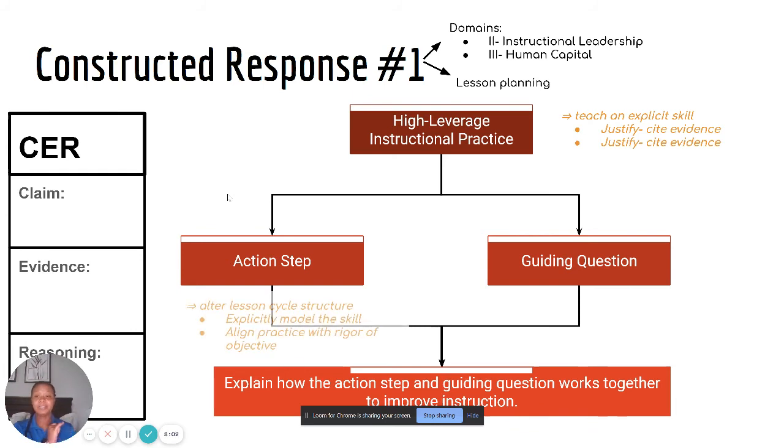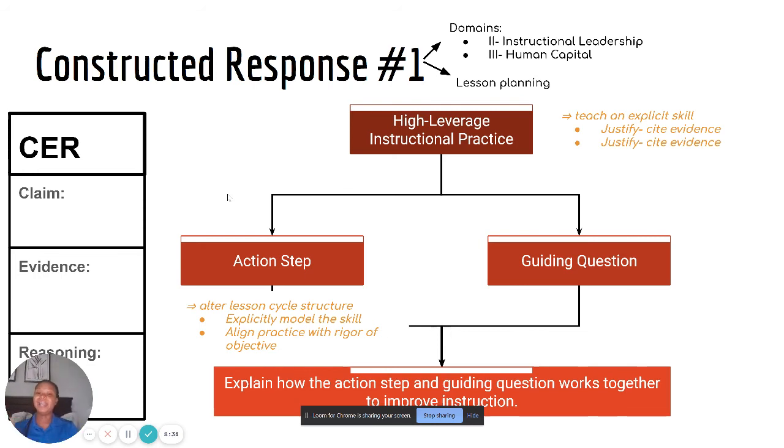The action step would be to alter your lesson cycle structure so that you incorporate areas in which you can explicitly teach this skill. So you're going to explicitly model the skill. Wherever your I do section is, you're going to explicitly write out in your lesson plan a way that you're modeling how to do that particular skill.